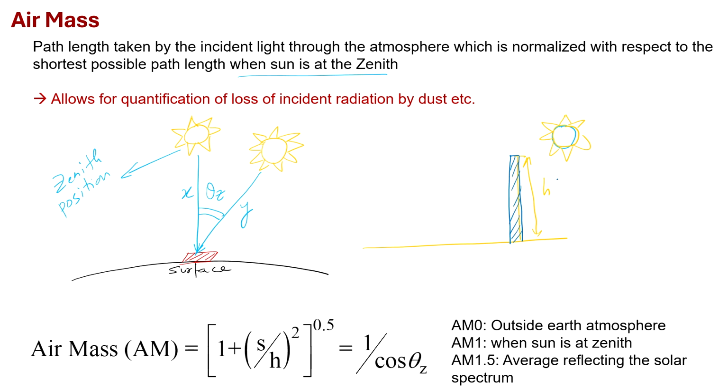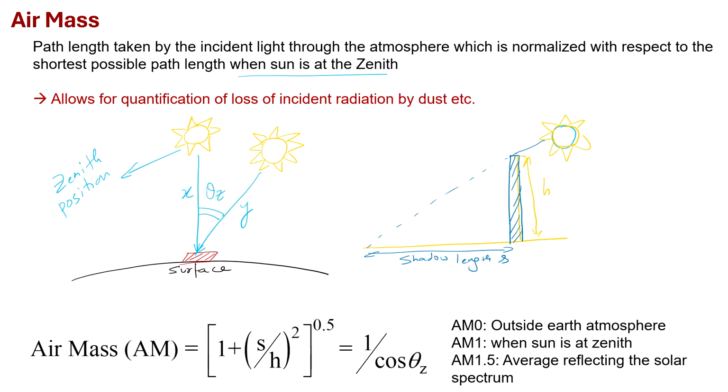Depending upon where the sun's position is, the shadow length, let us say s, will change. In such a case, we can define air mass as (1 plus (s over h) squared) to the power 0.5, and this is nothing but 1 over cos theta z, where theta z is the zenith angle, that is the angle between the line of sight of the sun when it is not at zenith with respect to when the sun is at the zenith.